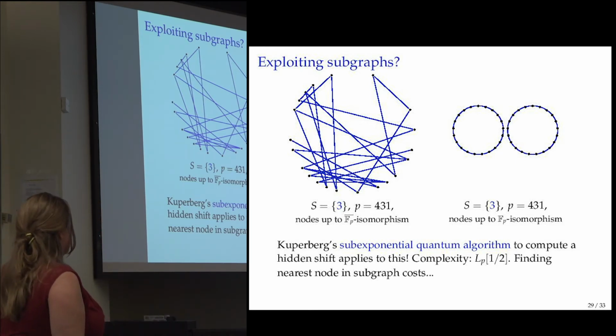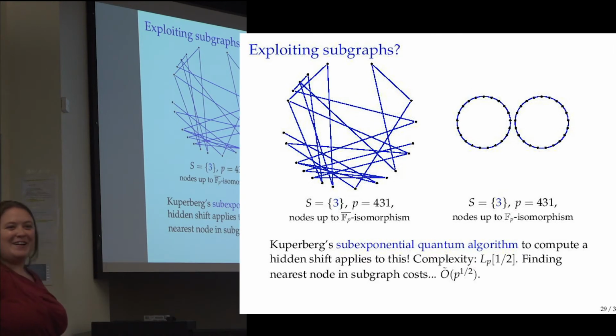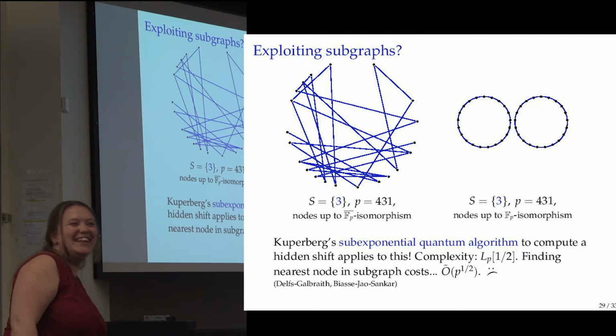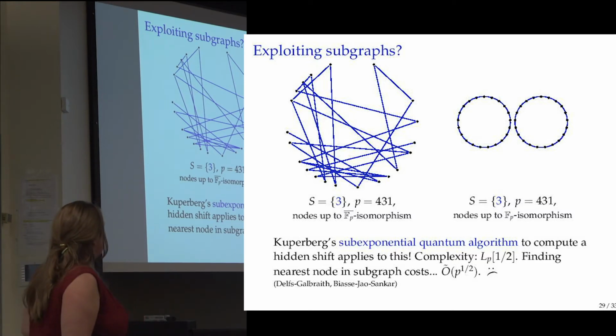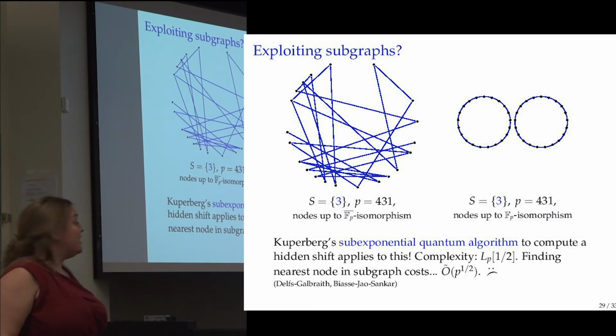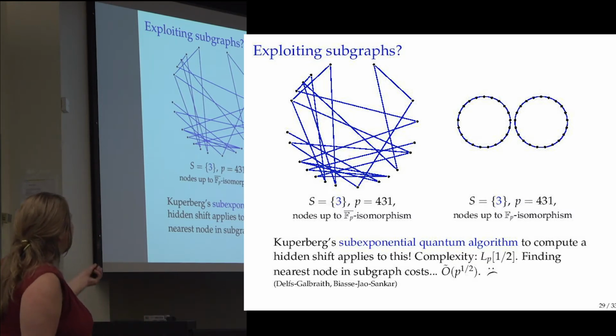How much does that cost? P to the 1/2. So this is an even worse way of breaking SIDH than the most generic attack. So this is actually quite an epic fail, this particular approach. Good. So that's one way to not break SIDH with the isogeny problem.